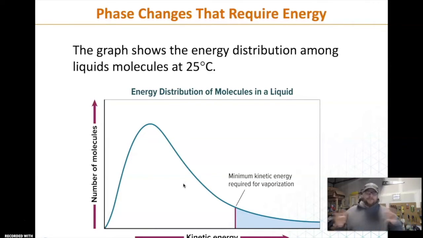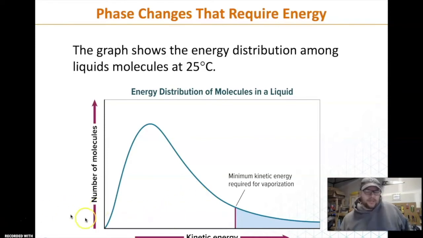So in English, what does that mean? That means that at a given temperature, there's some particles that are moving very slow, and there's some particles that are moving very fast. But all those particles together have an overall average amount of kinetic energy, and that is what we measure as our temperature.